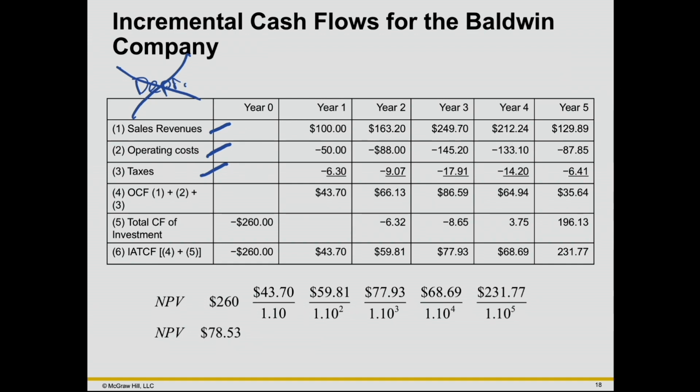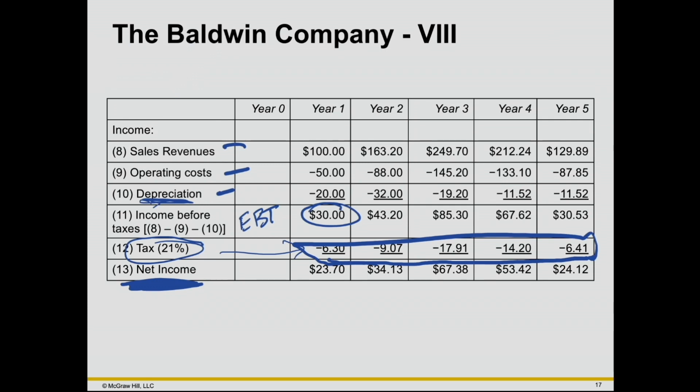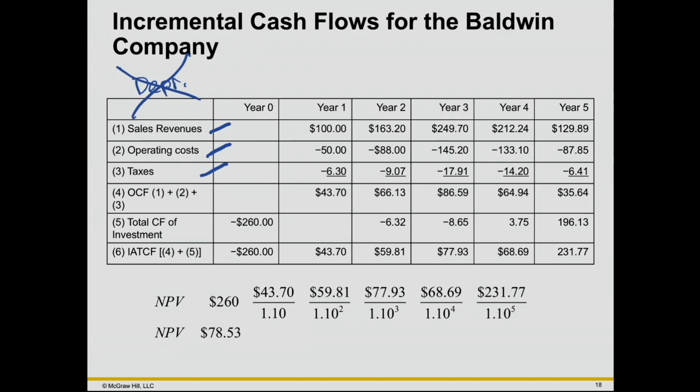We needed them back here in order to get our tax burden, because those non-cash deductions actually lower our tax bill, right? So add all three of those lines together, and we end up with the operating cash flow in year one of 4370, and year two 6613, year three, year four, year five are given there.